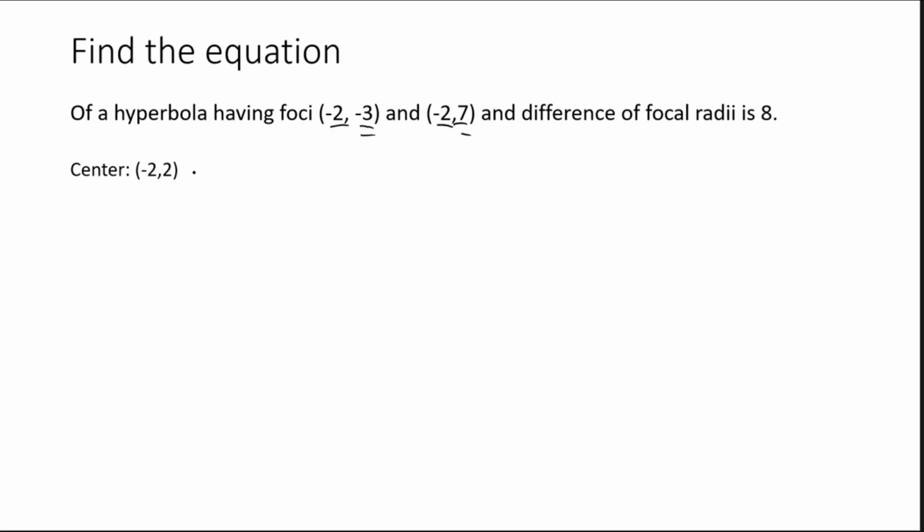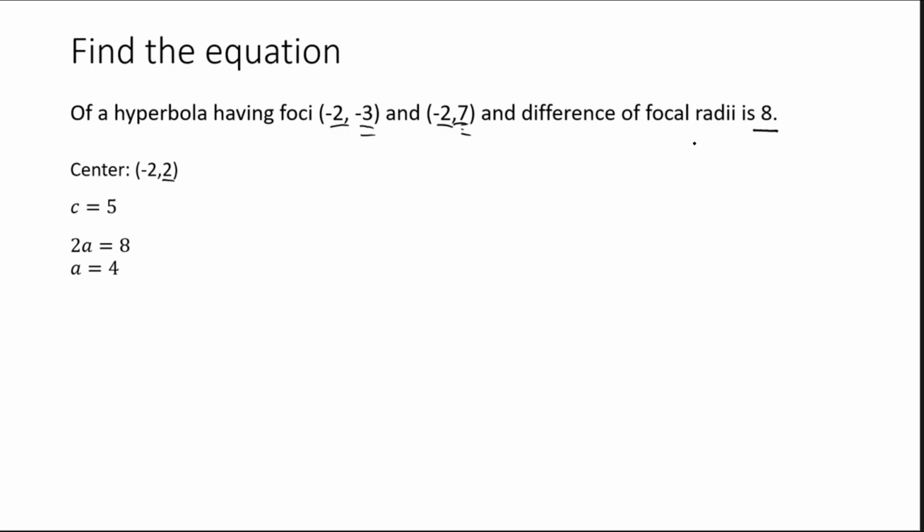And the distance from that center to, let's say, (-2, 7), the distance is 5, right? From 2 to 7, that's 5 away. So your c value is equal to 5. So we have c. We can find a because we know that 2a is equal to this 8, the difference of the focal radii. So if 2a is equal to 8, a would equal 4.